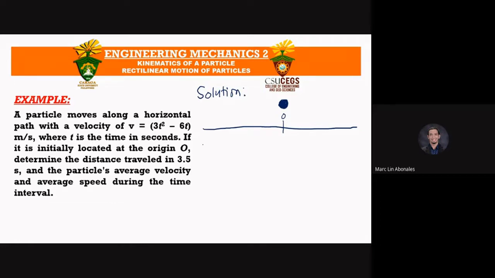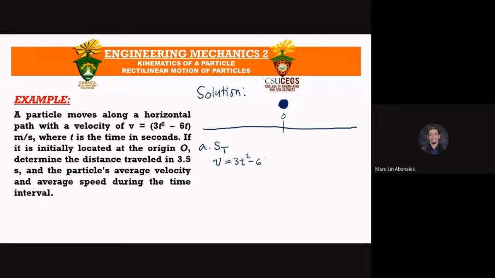So that would be st, the total distance traveled for the 3.5 seconds time interval. And the given in our equation is the equation for the velocity, that is v = 3t² − 60.